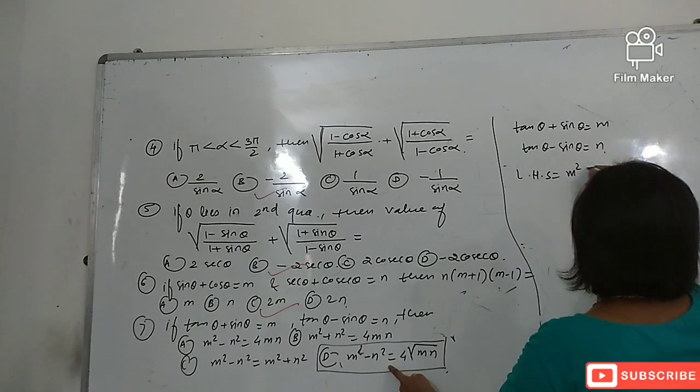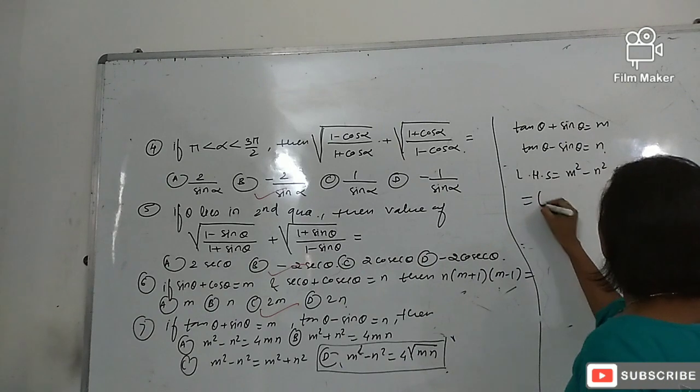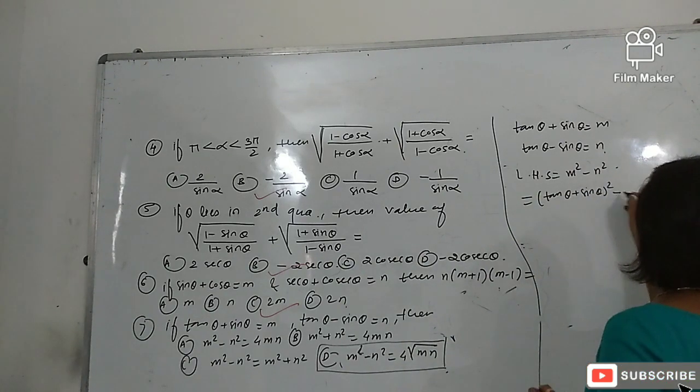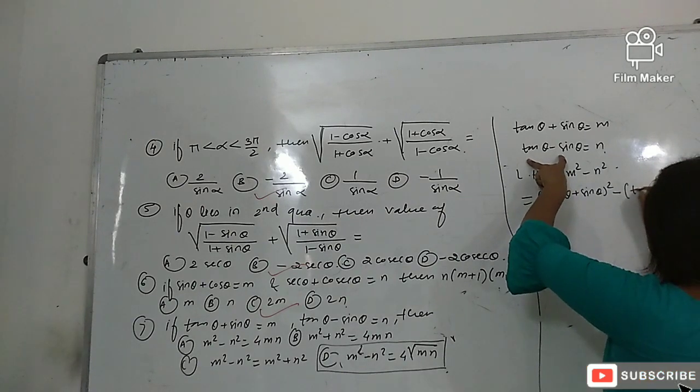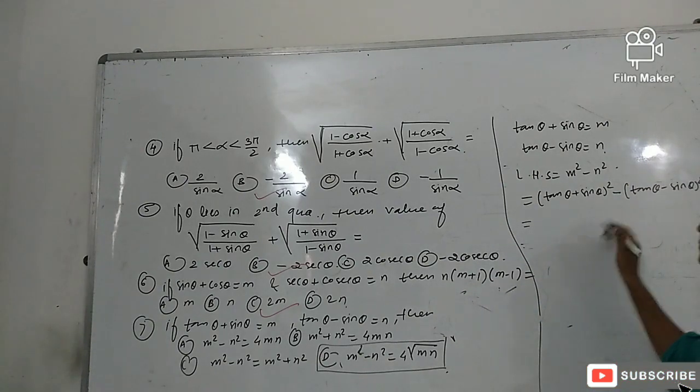LHS is m square minus n square. So put the value of m and n. The m value is tan theta plus sin theta, its square, minus n square, and n means tan theta minus sin theta, its square. So just expand and cancel. What is the expansion?